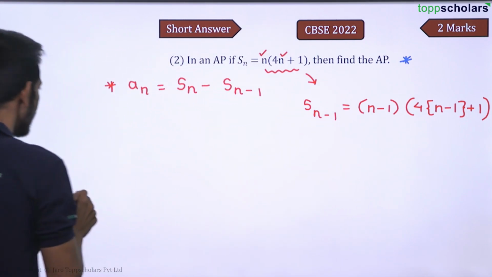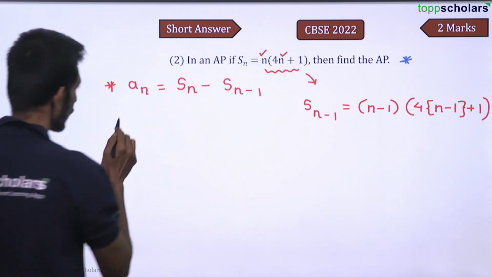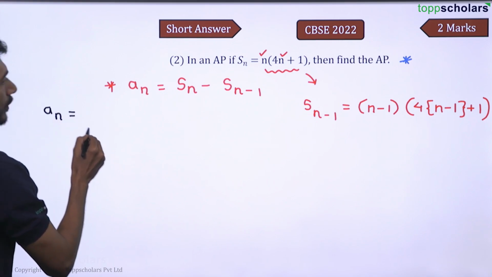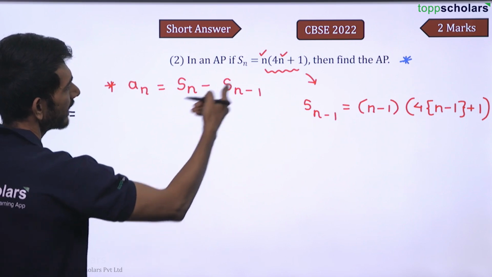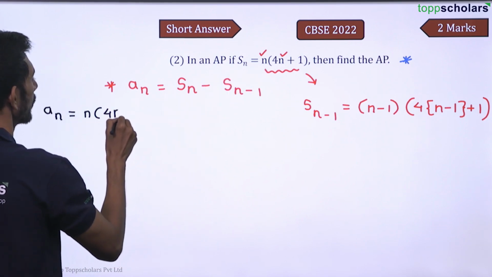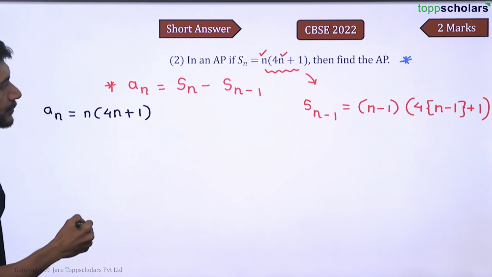Now what is An? An is given by Sn minus Sn minus 1. So here can I say An is equal to Sn. Sn is what? N into 4n plus 1, right?